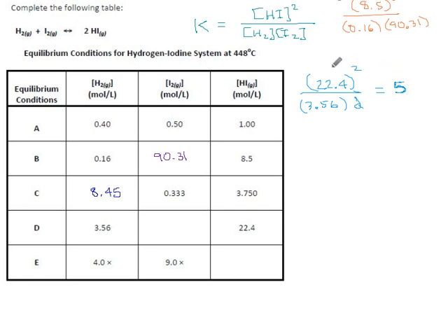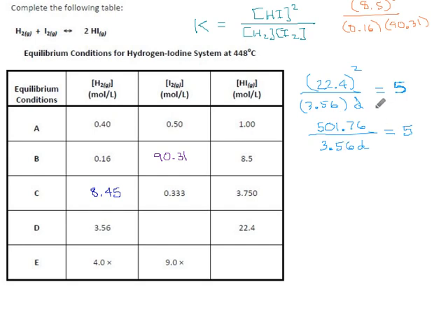Okay, so solving this, 22.4 squared is 501.76. Downstairs we get 3.56D equals 5.